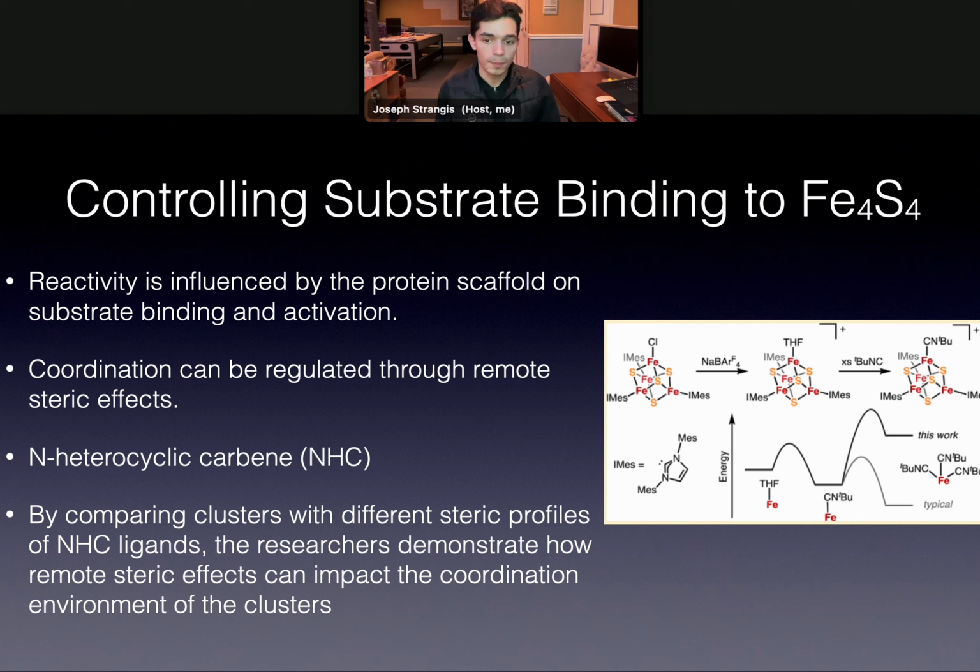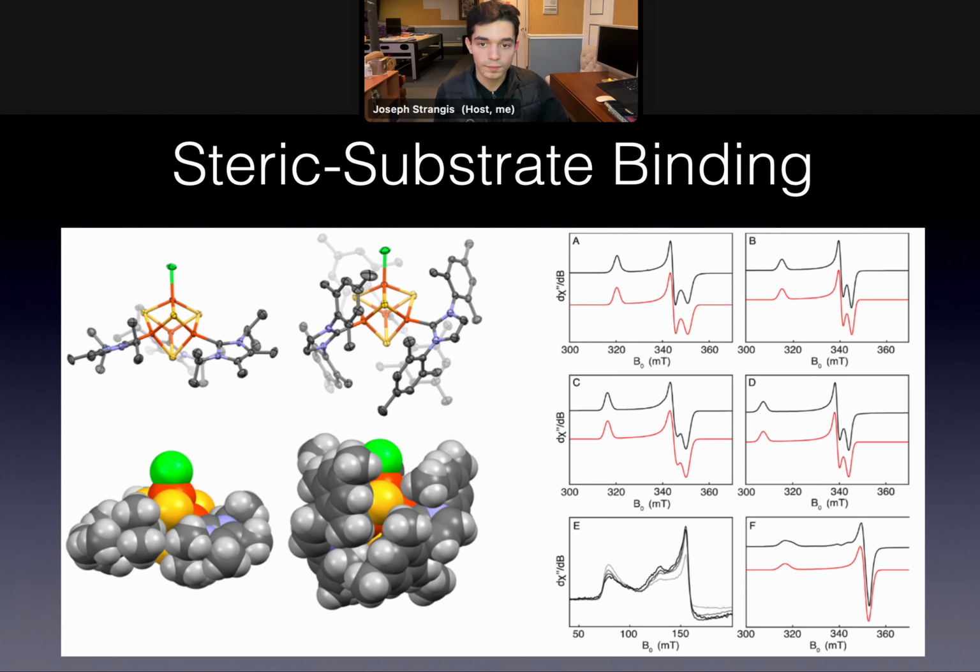In this paper, we're going to look at constructing, or synthesizing, 3-to-1 site differentiated Fe4S4 clusters with these sterically hindered ligands. And the results tell us, on the left, the figure shows the molecular structure of Fe4S4 clusters with the NHC ligands.